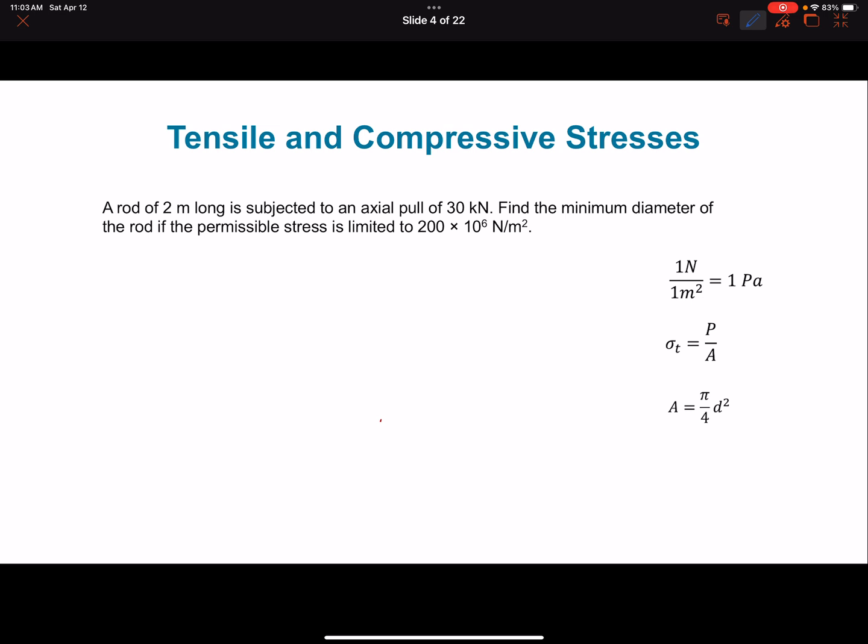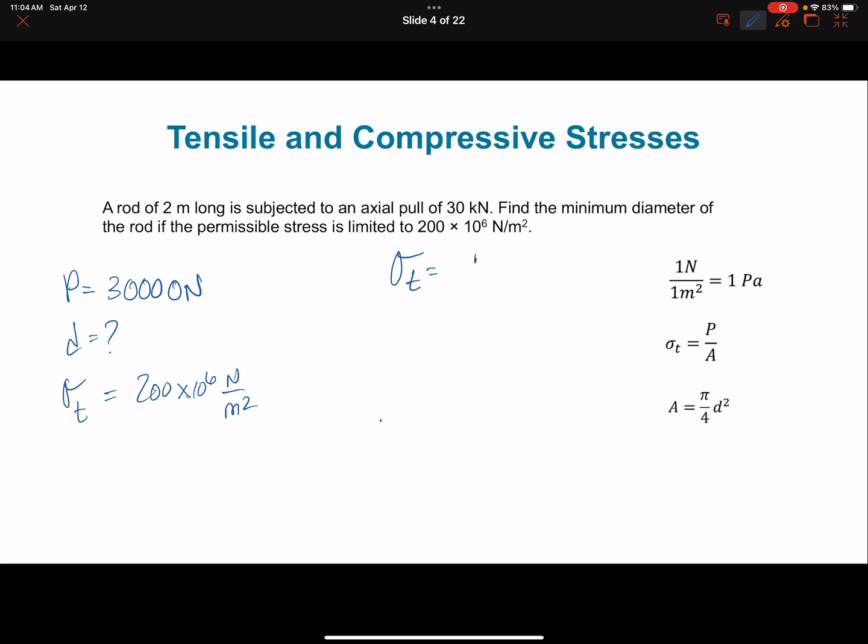So here we have an axial pull of 30 kilonewtons, and I'm just going to go right ahead, since we already did that in the last problem, and change it into newtons. We're looking for diameter this time, and we know that our stress is 200 times 10 to the 6 newtons over meters squared. So this time we're going to have to do a little algebra.